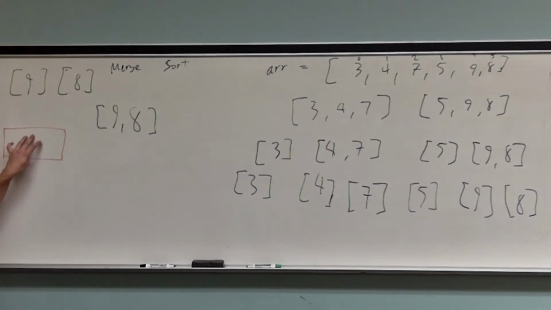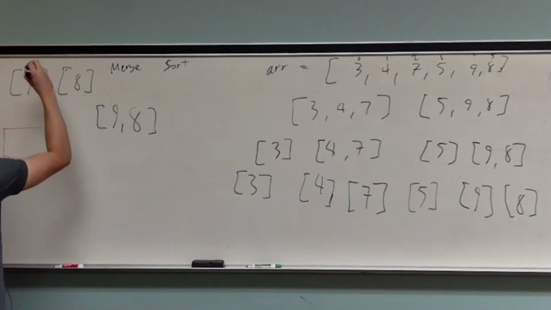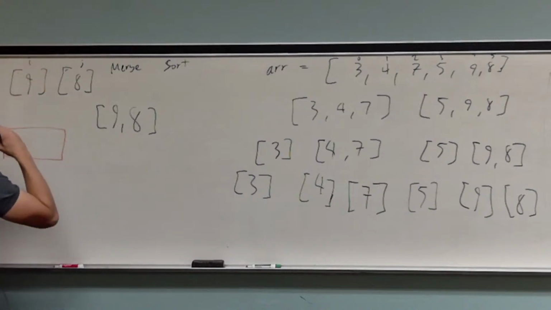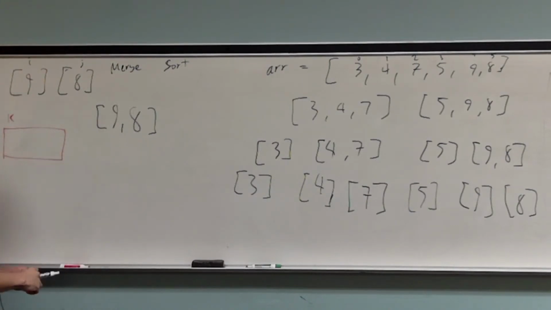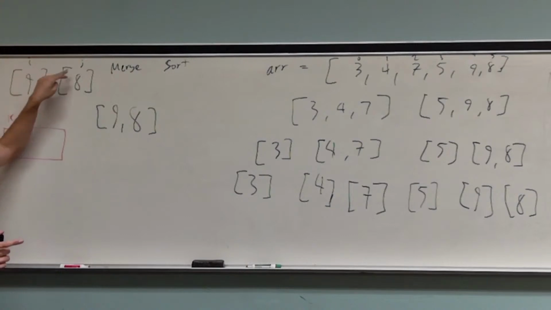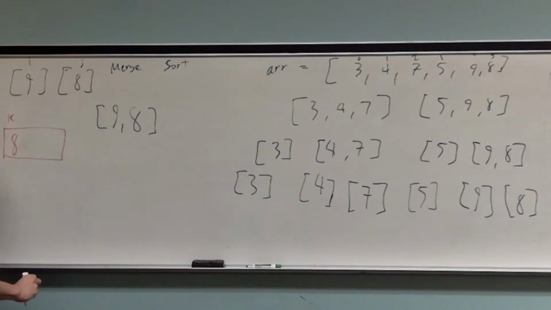I'm going to make an extra array, and on top of that, I'm also going to have, say, i, j. So what we do is that we fill this new array in order, and at the same time, we're also iterating through both elements. So we find which one's smaller between i and j. So now we fill it up with this one.